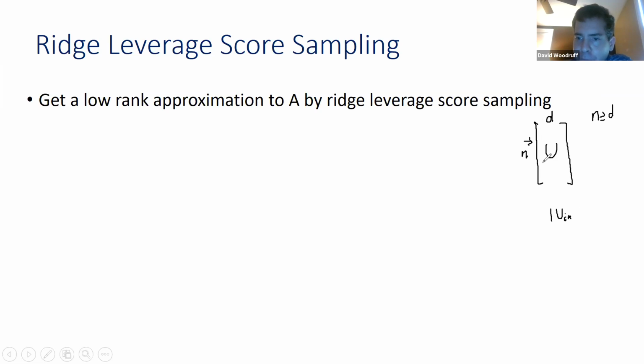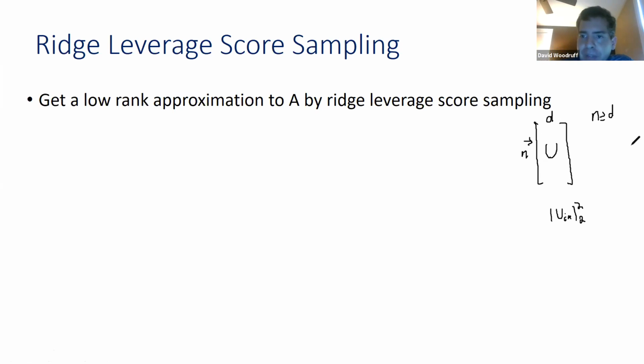The squared column norms are all 1, since it's an orthonormal basis, but the squared row norms can be anything between 0 and 1, and they're called the leverage scores. They still add up to d, but you can't really say anything a priori about one particular leverage score.